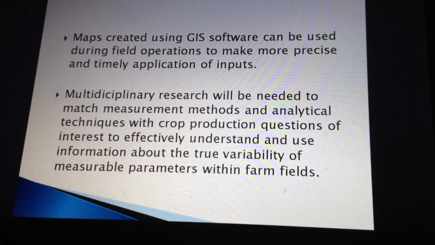Maps created using GIS software can be used during field operation to make more precise and timely application of inputs.